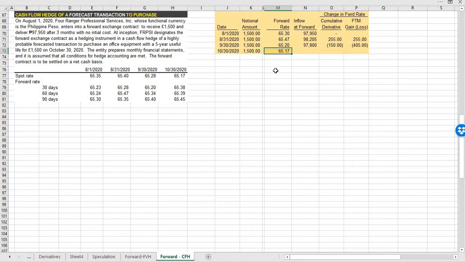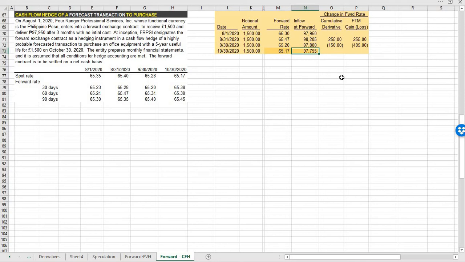So ang forward rates talaga natin is from August 1 until September 30 lang. Then multiply 65.17 by 1,500 British pounds. So ang ating Philippine peso equivalent ng ating actual inflow, that is 97,755 Philippine peso.